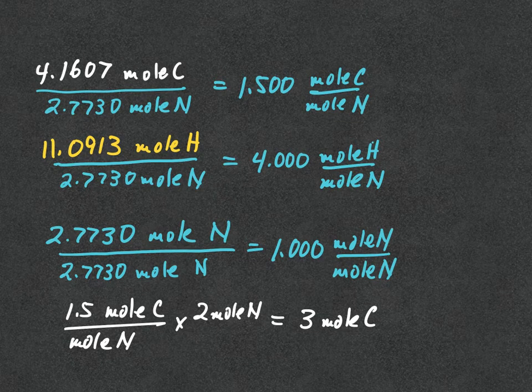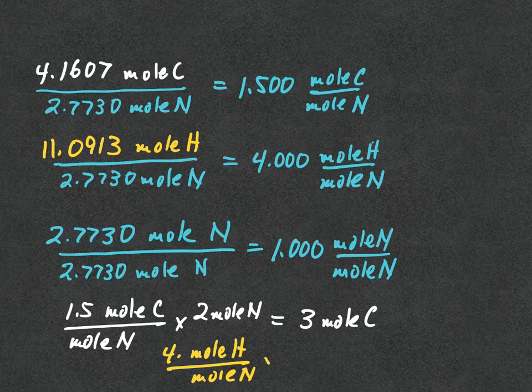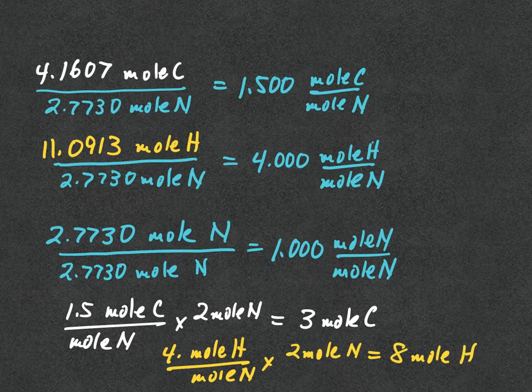And if we do the same thing for our 4 moles of hydrogen per mole of nitrogen, and we multiply that by 2 moles of nitrogen, we get 8 moles of hydrogen.